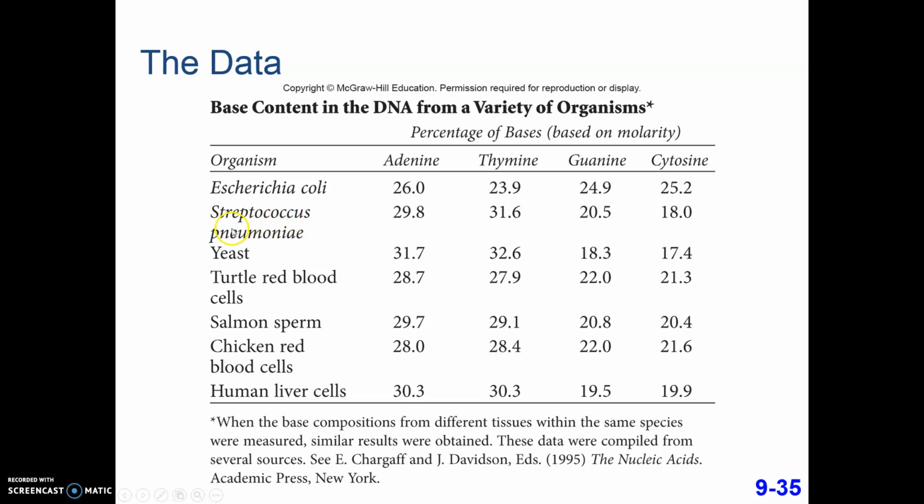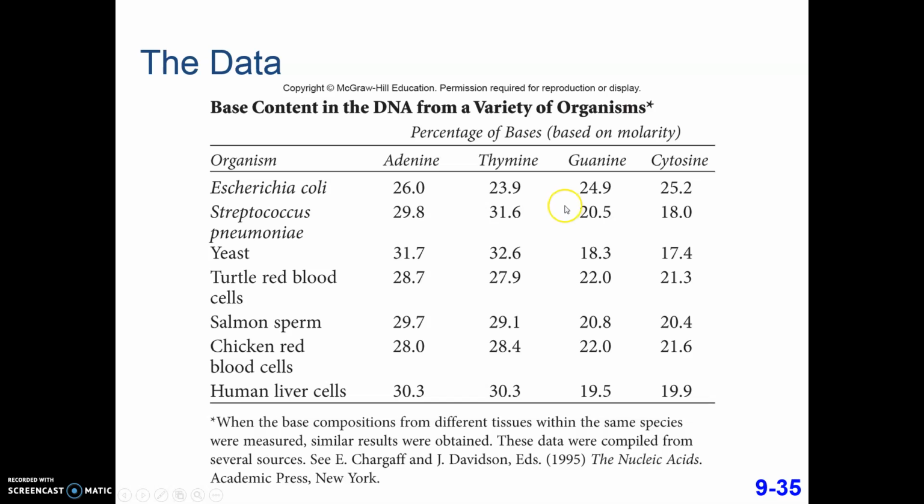So if you look at Streptococcus pneumoniae, again, this is related to the paper that we're looking at, the pneumococcus that we're investigating there. Here, if you look at A's and T's, you've got about 30%, but G's and C's only have about 19%.